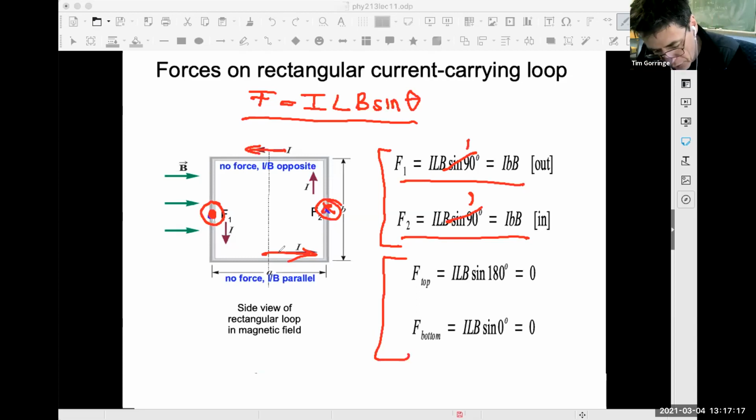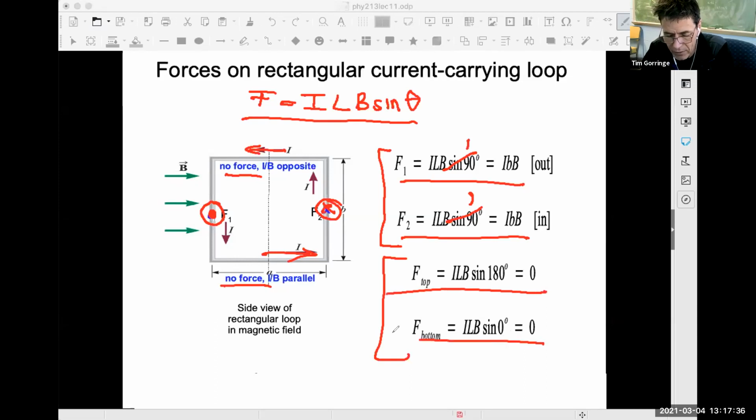So there is no force on the top and bottom. There's no force because the direction of the current, or the direction of the motion of the charged particles, is either parallel or anti-parallel to the magnetic field. And so that's what I've written here. Top and bottom have no forces on them, and the left and right have forces into and out of the screen that are actually equal in size.